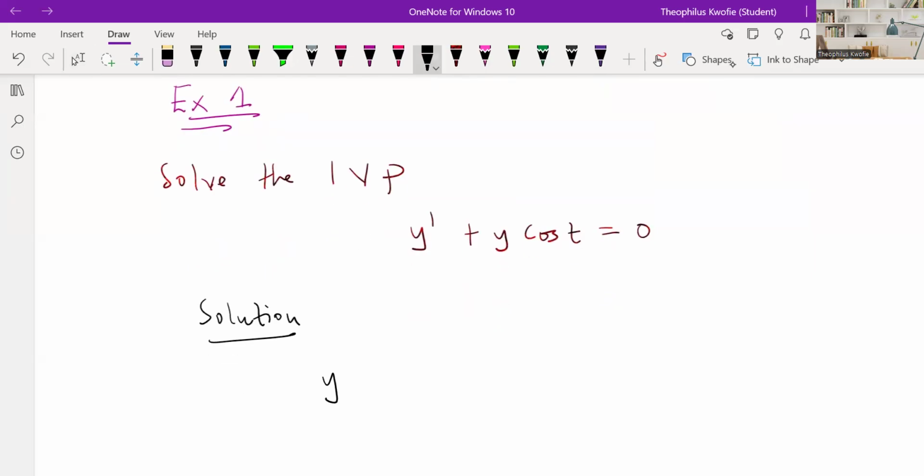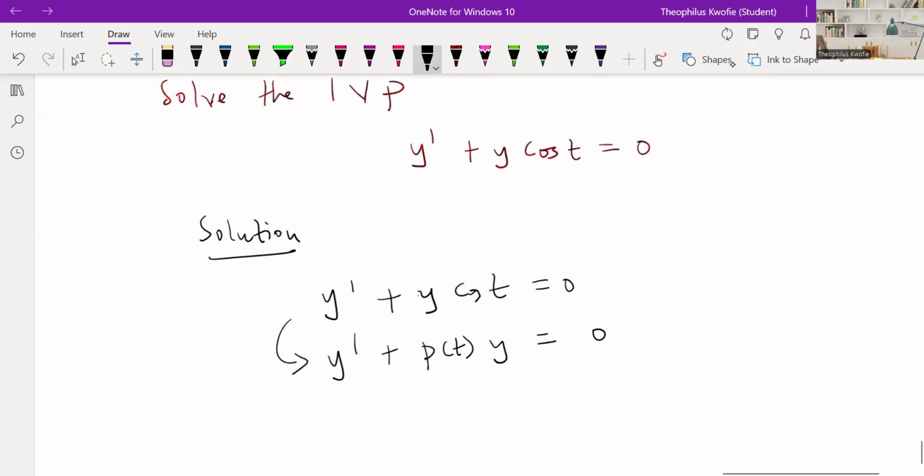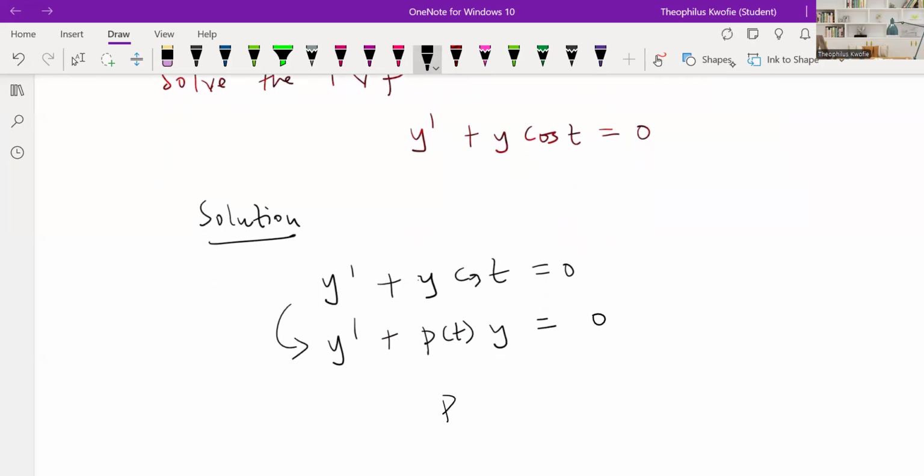Our given problem, y prime plus y cos of t equal to 0, when we compare it to our original form, y prime plus p of t y equal to 0, remember this, my p of t in this case is cos t.